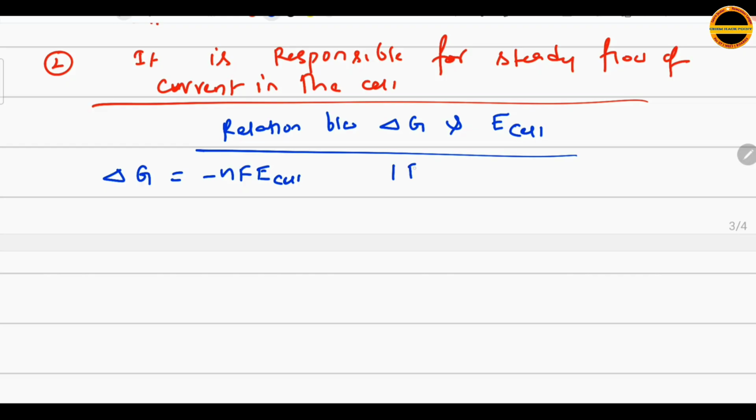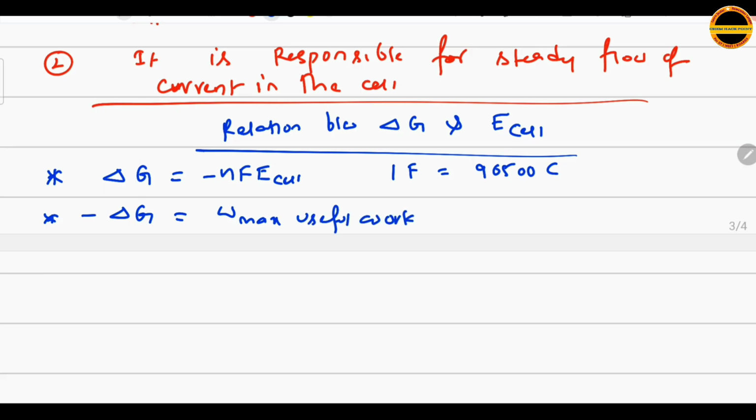So what is F here? 1 F is equal to 1 Faraday, which is 96,500 coulomb, which is equal to the charge of 1 mole of electrons. So minus delta G is equal to W max, useful work.